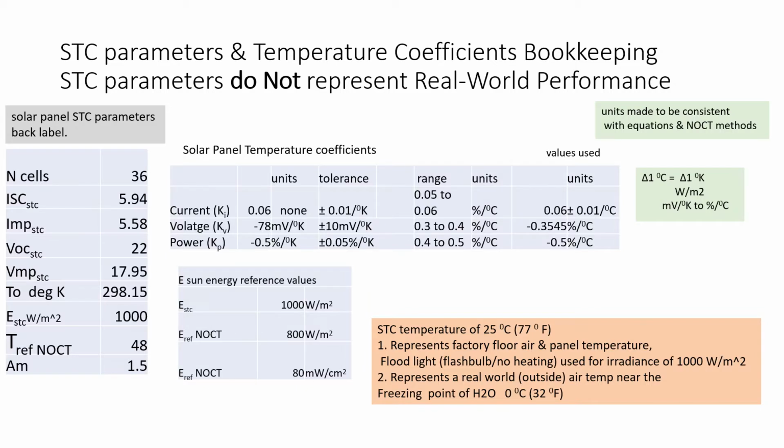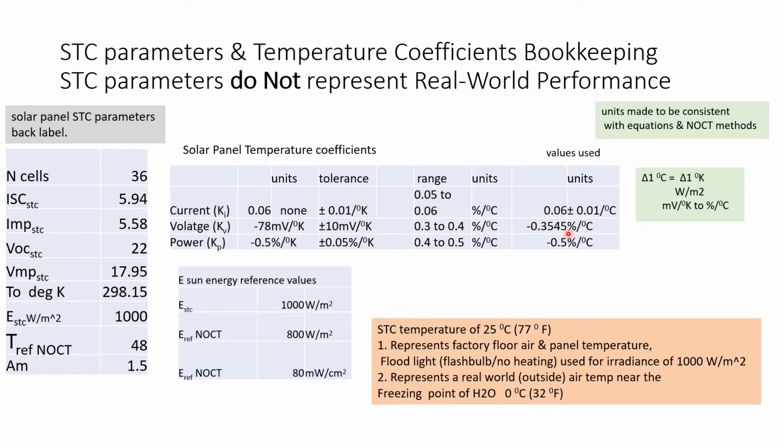Next chart. Now I'm going to just flash this up here, do a quick screenshot. This is my STC values. These are my temperature coefficients as given to me by my manufacturer. This is a range of values and the units I actually use.